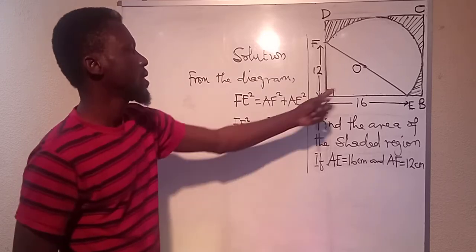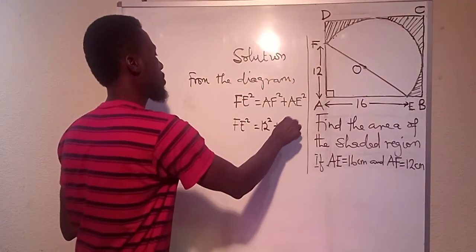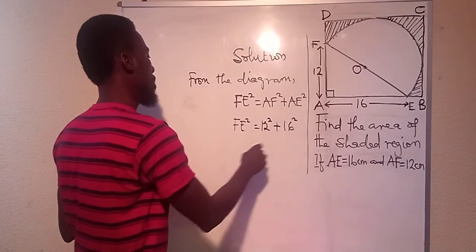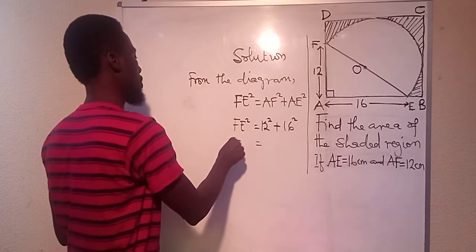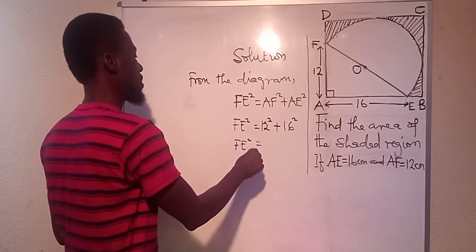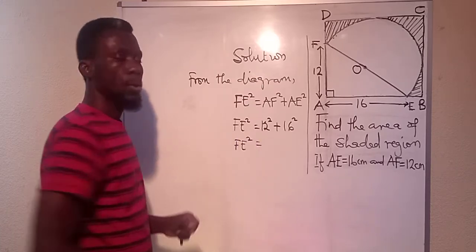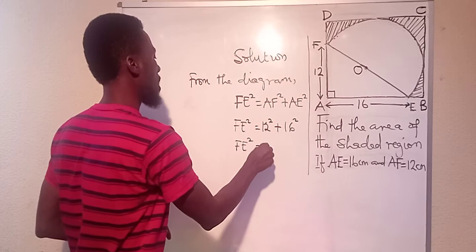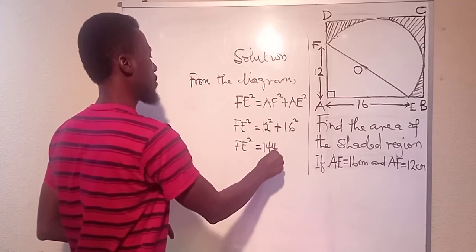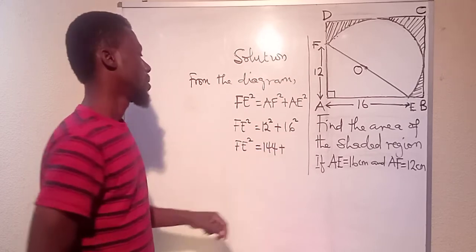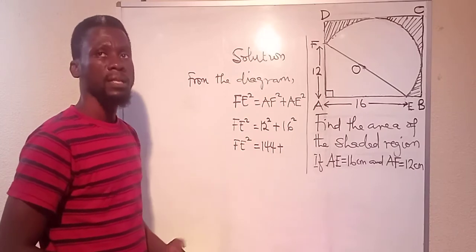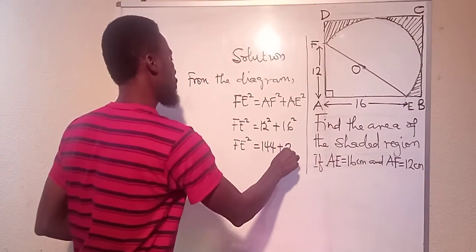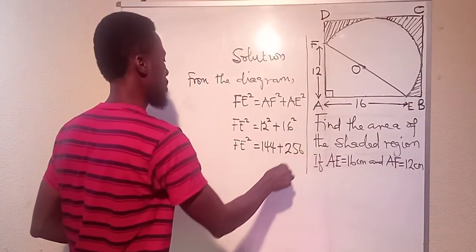Our AE is equal to 16, so we shall put 16 squared over here. So FE squared will be equal to 12 squared, which is 144, plus 16 squared, which is 16 times 16. That will give us 256.